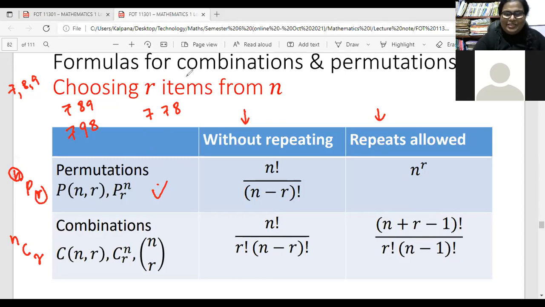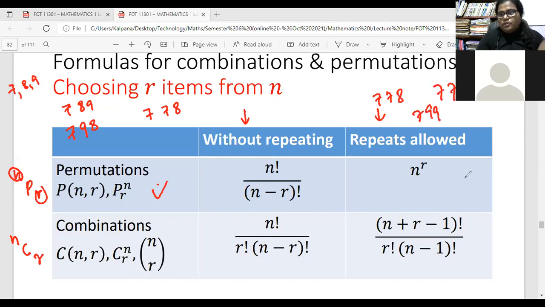Oh, it's okay, Shamila. So you know that that's the meaning of 778 being without repeating, right? But if the question says you can use numbers with repeating, that means you can use a number more than one time, so you can get 778, 799, 777.